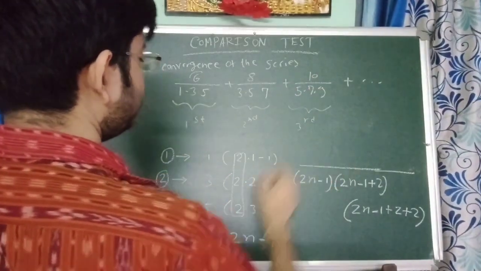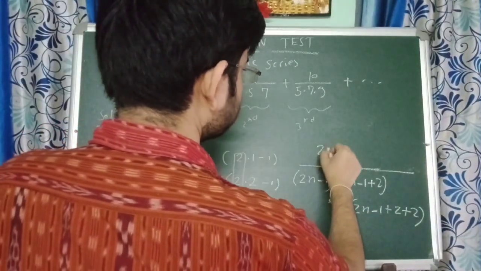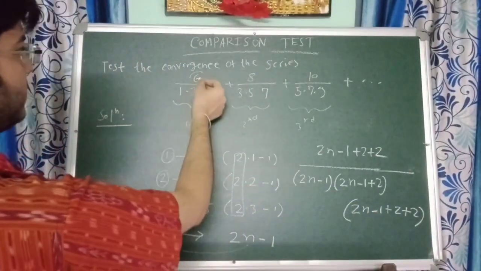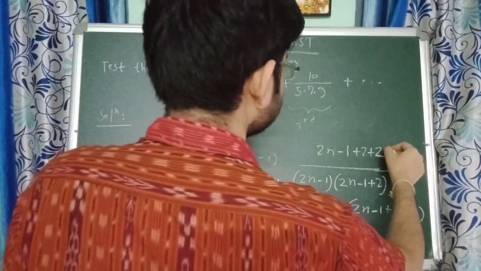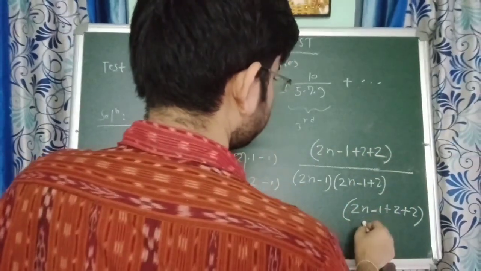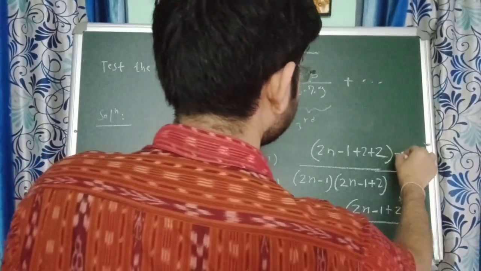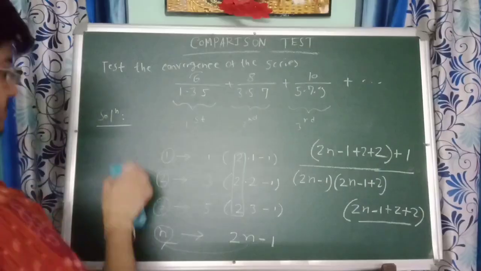So in the nth term the numerator part is 1 more than the last number in the denominator part. The last number of the denominator part in the nth term is 2n minus 1 plus 2 plus 2, and add more. So this is the general nth term.